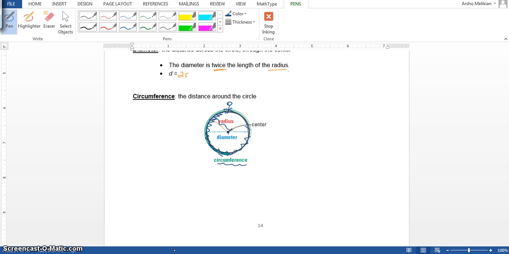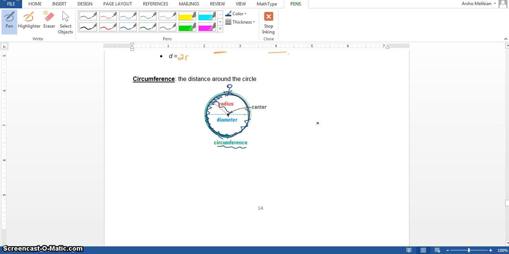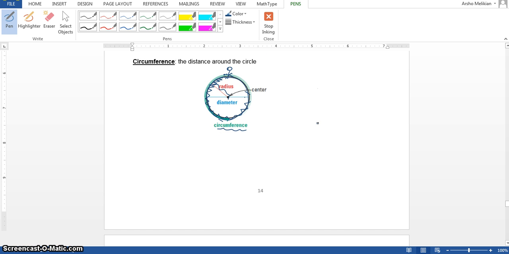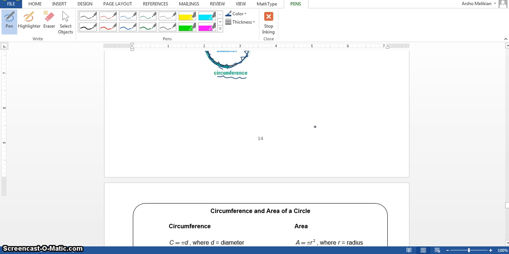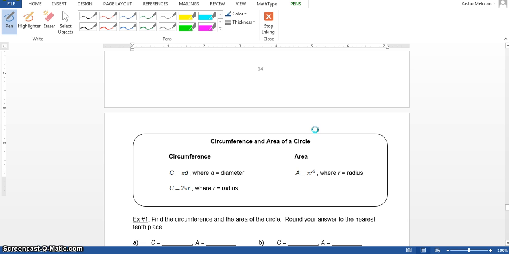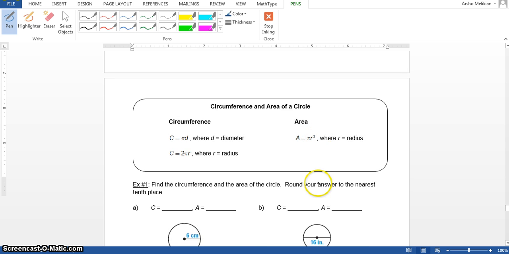How could you possibly know that? Because diameter equals radius times 2. Right, but that still doesn't tell you how much you walked around the length of it. It tells you the diameter. Right? But wait, yes. 2 pi r.